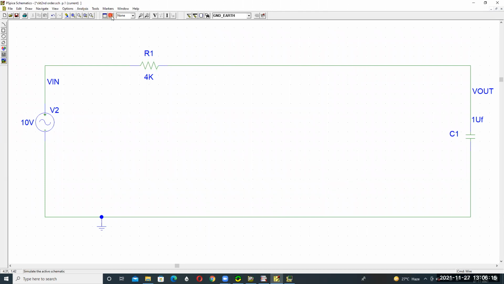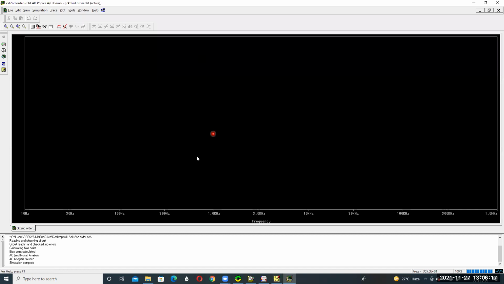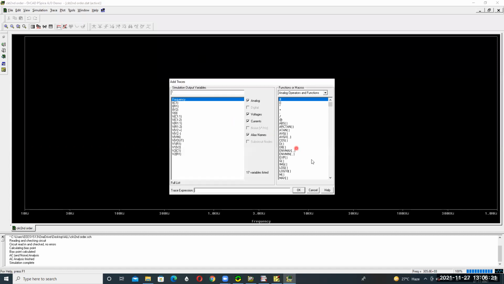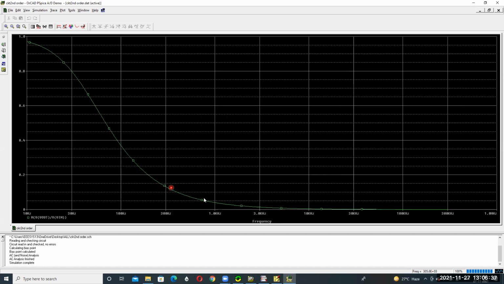After that, simulate, and we will get this window. To see magnitude versus frequency, select magnitude M, then select V output by V input. Then you will get this magnitude plot.